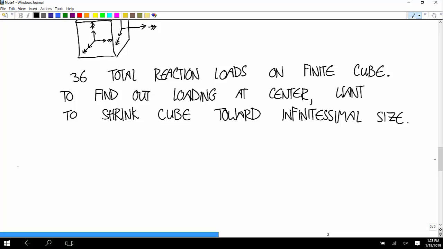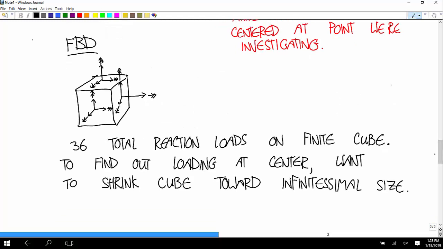What do you think happens to those forces and those couples if you shrink that cube down to 0? Say one of these total forces represents all of the distributed forces acting on this face this big.